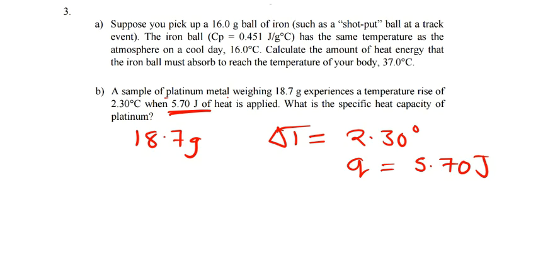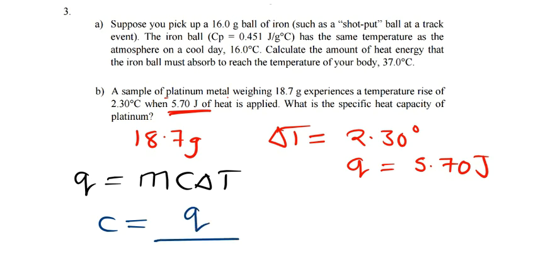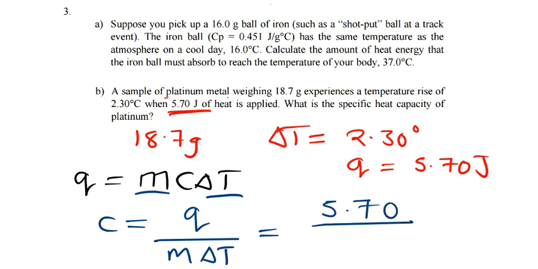If you look at the formula mcΔT, you take the c to be your S so that you're able to remember the formula easily. To make specific heat capacity the subject of the formula, you divide by m and delta T. Our heat energy is 5.70 joules, our mass is 18.7 grams, and our change in temperature was 2.30 degrees Celsius.